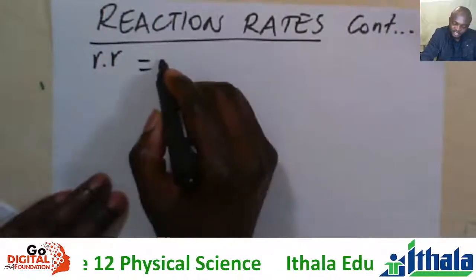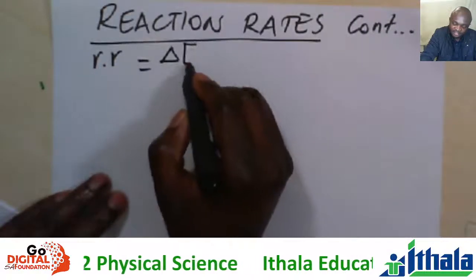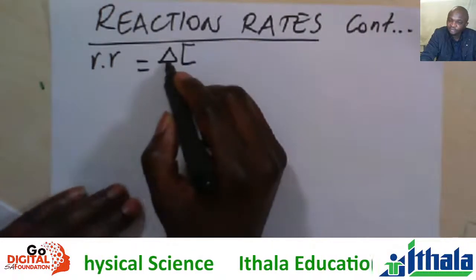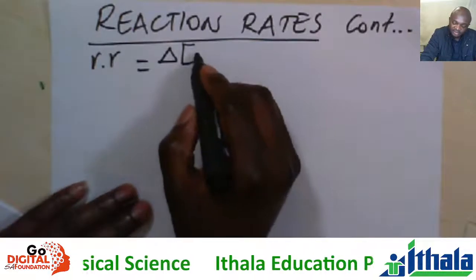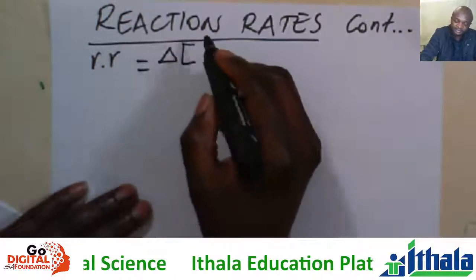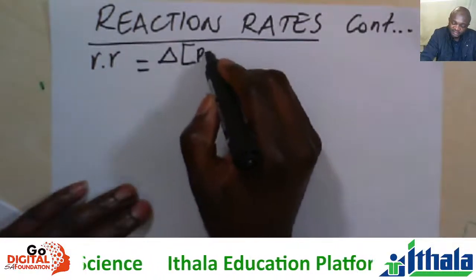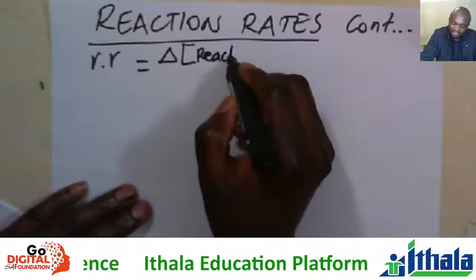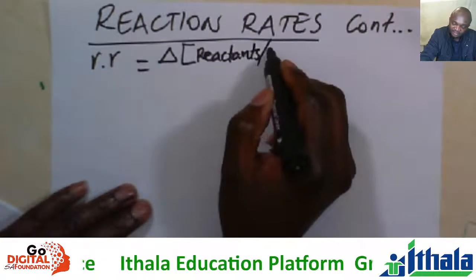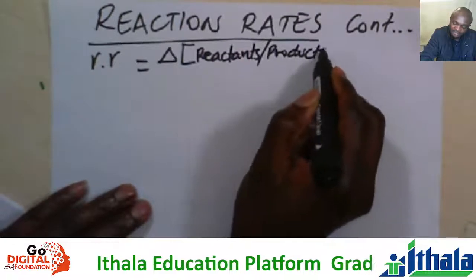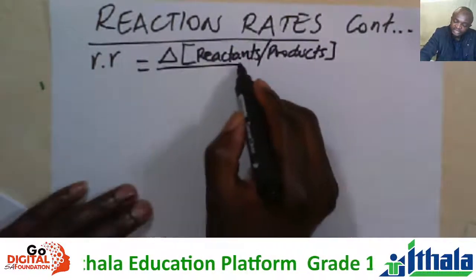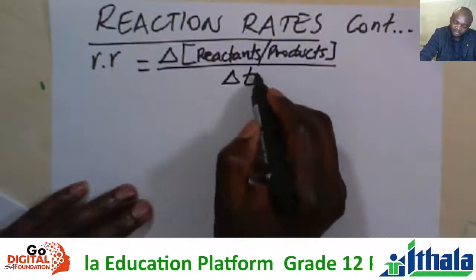The change, so the delta, the change of what? Concentration. The square bracket means concentration of ama reactant. Kungaba ama reactant noma kube ama products per unit time. Per unit time.